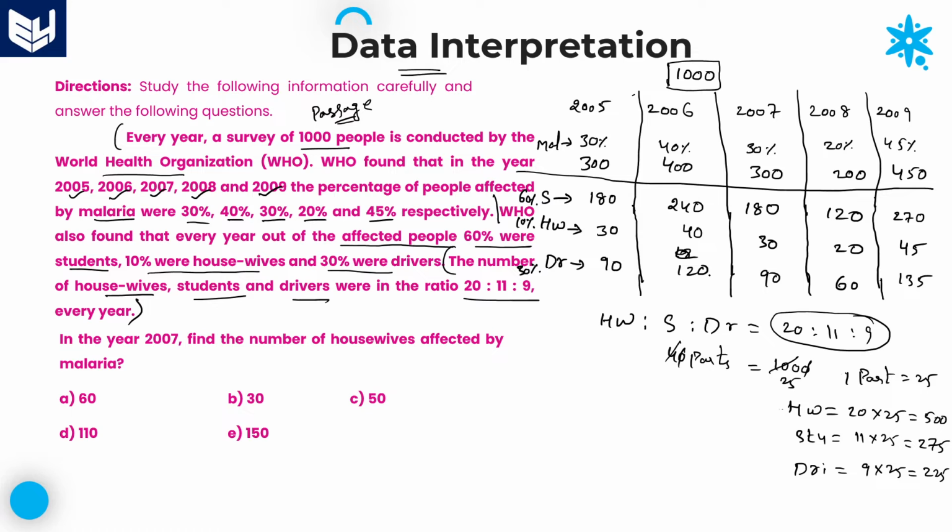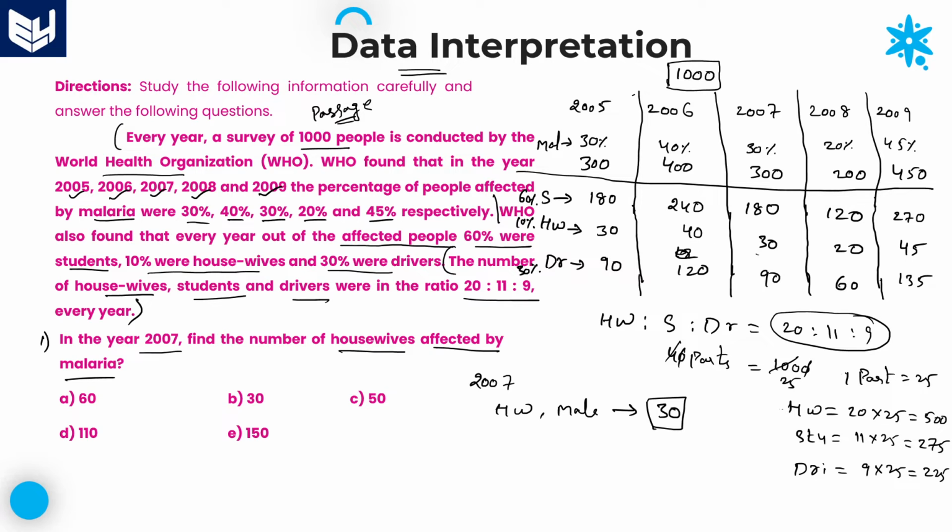Now look at the first question. The first question is, in the year 2007, find the number of housewives affected by malaria. In 2007, housewives, that is the second one, and this is housewives 10 percent, that is 30. 30 members are affected by malaria.